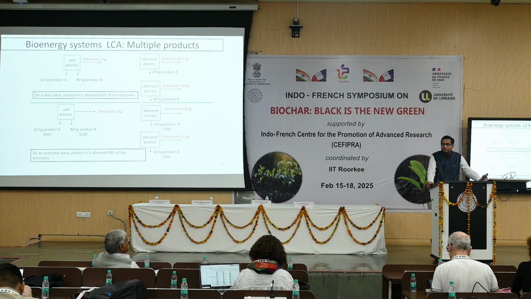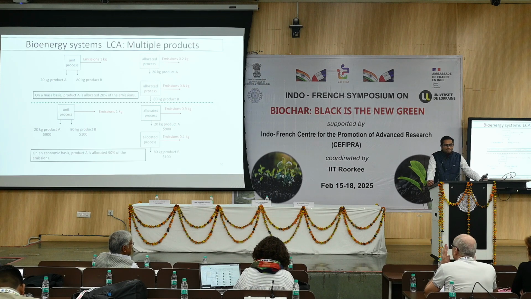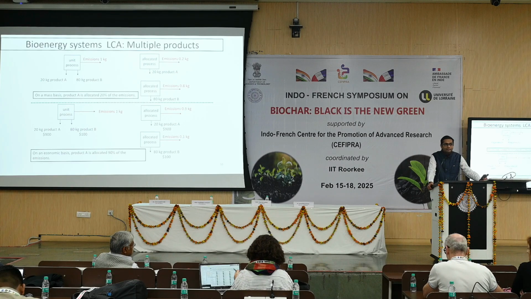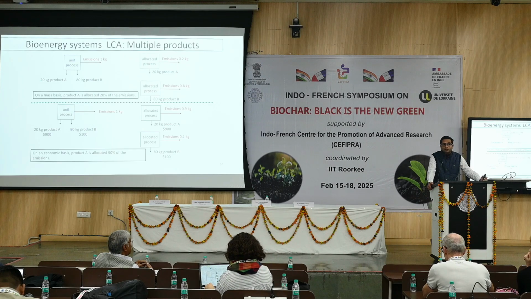If I do an allocation of the emissions based upon the market value, you would see the results have interchanged. And this is something that we need to be consistent about when we do an LCA, whether I'm doing a mass-based allocation, an economic-based allocation, or a volume-based allocation. The ISO standard says mass-based allocation should be given priority, but again, different studies tend to adopt different kinds of assumptions, which lead to different kinds of results.